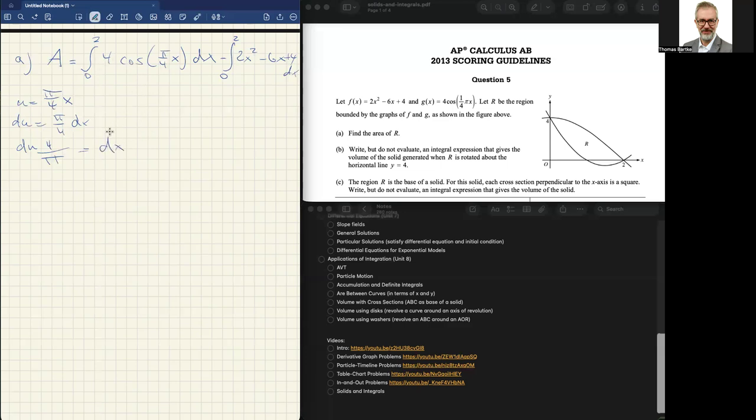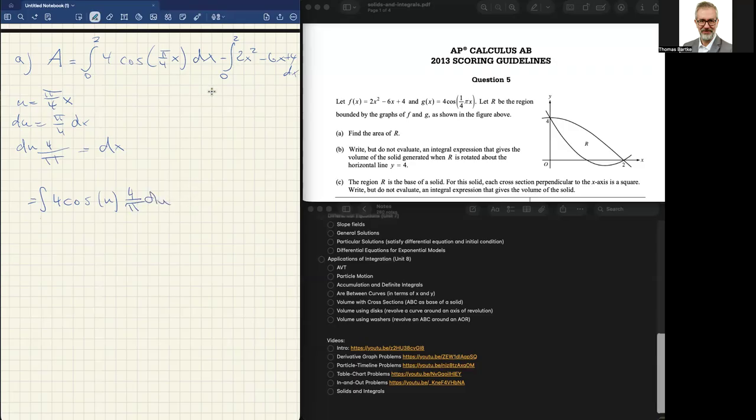is going to have to be substituted for dx. So then I can substitute. So this thing here is the integral of 4 cosine u. Now dx, I have to substitute this thing here. So it's 4 over pi du, like so.